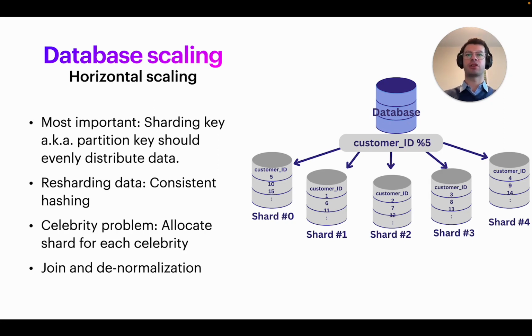One possible mitigation could be to allocate a shard for each celebrity. Even with that, one shard might require further partitioning, but we will get to that when we start talking about how to design Twitter in a future series.